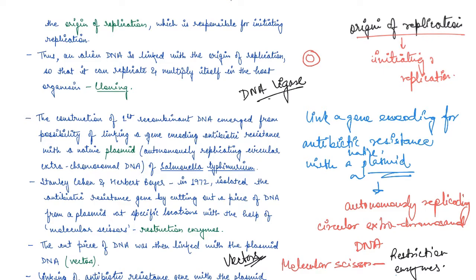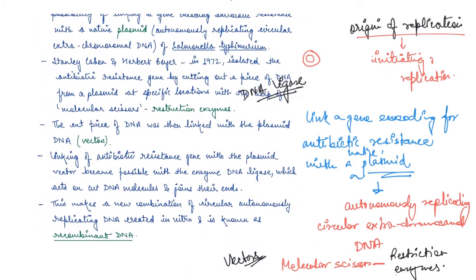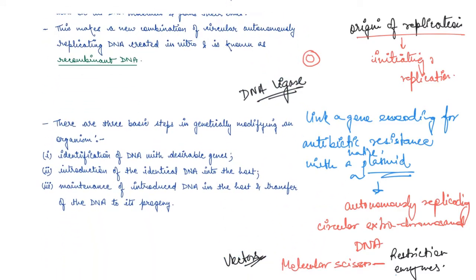It acts on the cut DNA molecule and joins their ends, and this makes a new combination of circular autonomously replicating DNA which is created in vitro, and this DNA is known as recombinant DNA.